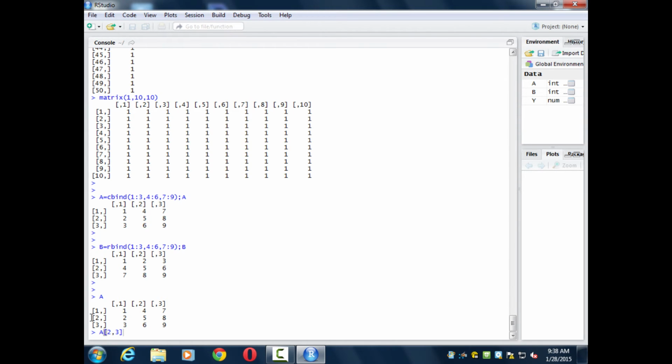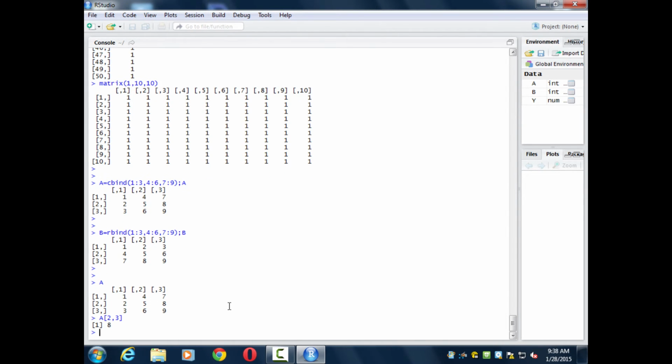That means we are referring to the number 8, and the number 8 is stored on row 2, column 3. Okay, so for addressing or accessing entries in a matrix, we need to use the square brackets.